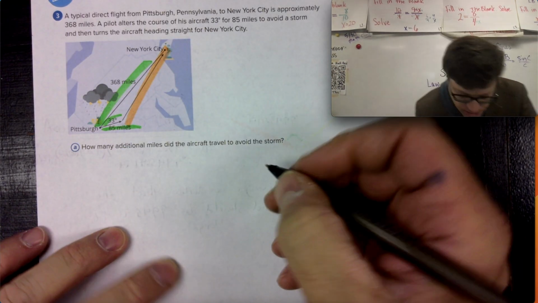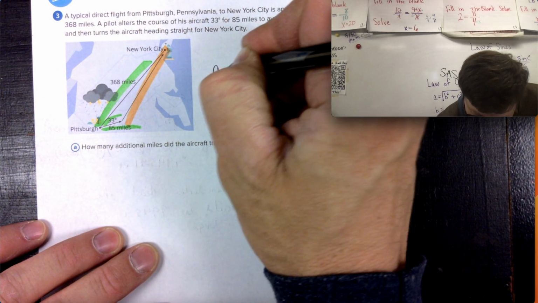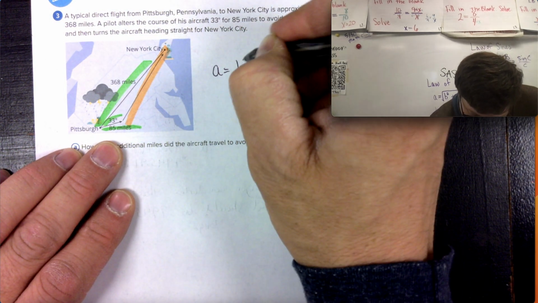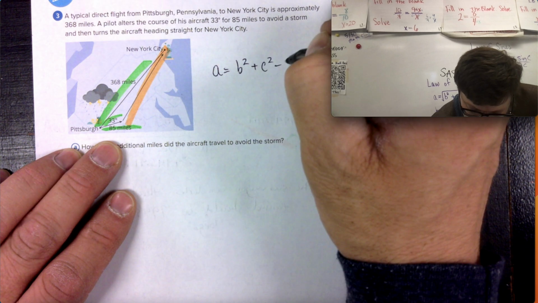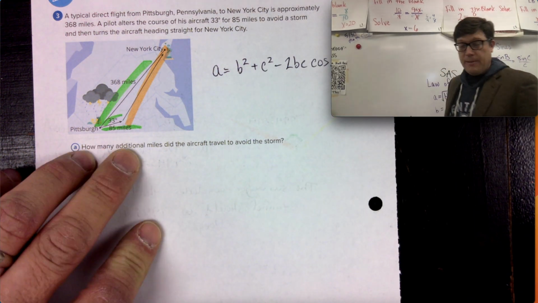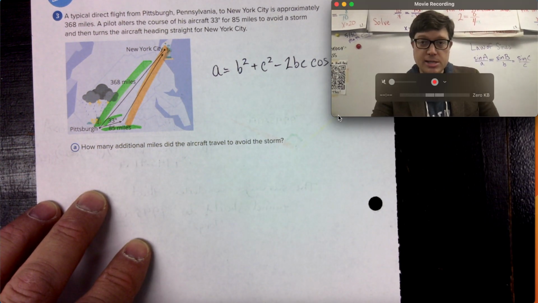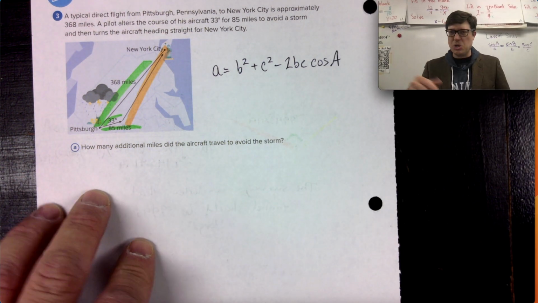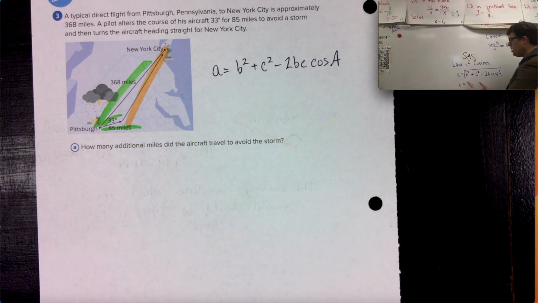Law of cosines will say a squared is equal to b squared plus c squared minus 2bc cosine of A. Now there are technically 3 laws of cosines because there are technically 3 angles, but they all have the same structure. The two outside sides and the included angle.